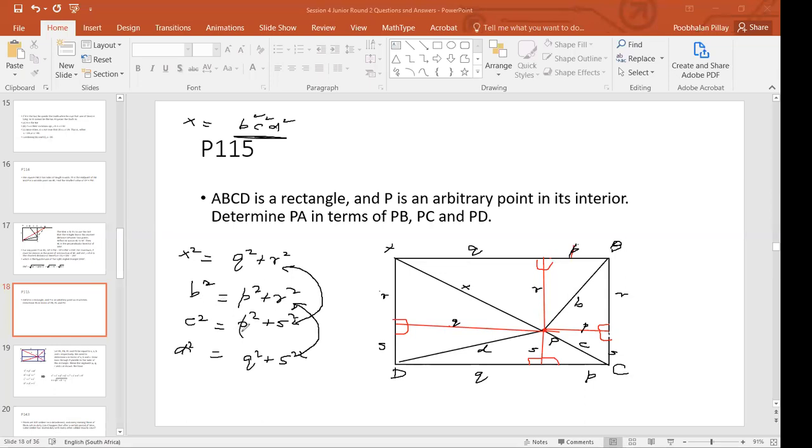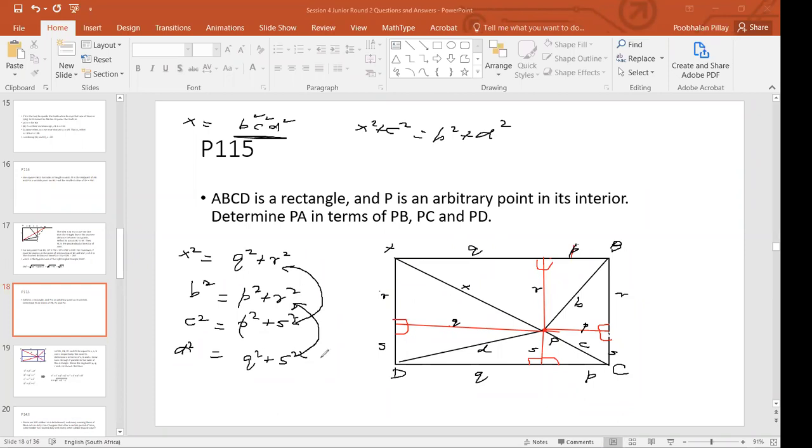So in short, what we are saying is that if I add x squared and c squared, x squared plus c squared is equal to p squared plus q squared plus r squared plus s squared. And that is exactly the same as b squared plus d squared. Because I got p squared plus r squared plus q squared plus s squared.